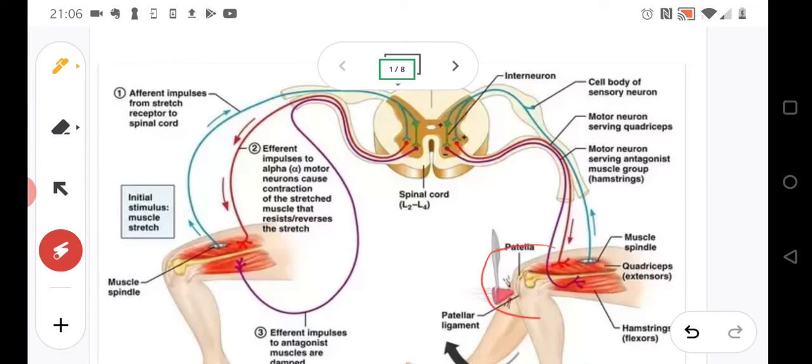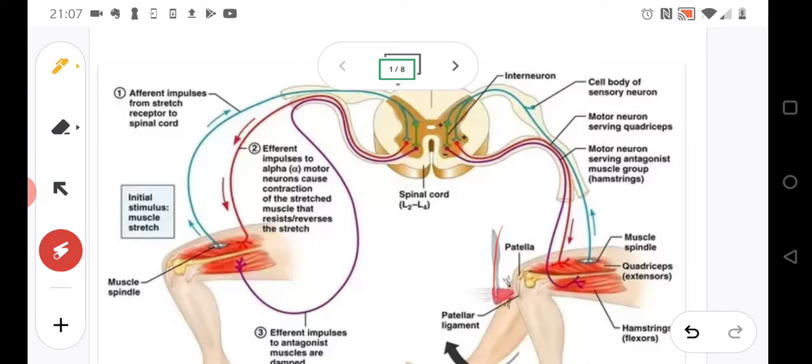How does it work with this famous physical neurological examination, when you use a hammer to activate the stretch reflex? We stretch the tendon. As you already know from anatomy, the tendon is the part of the muscle that attaches to bone.